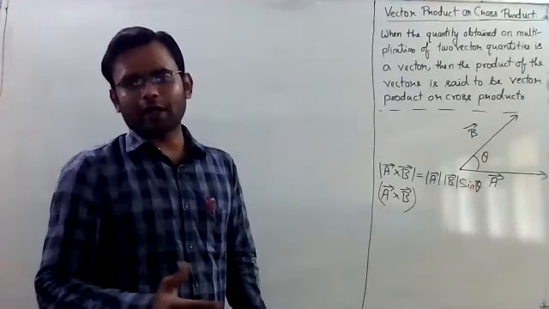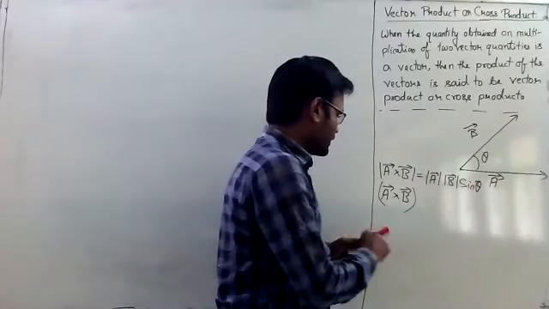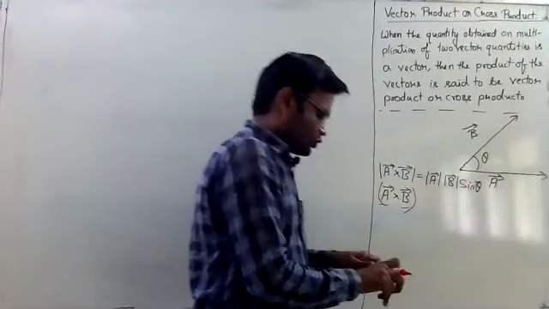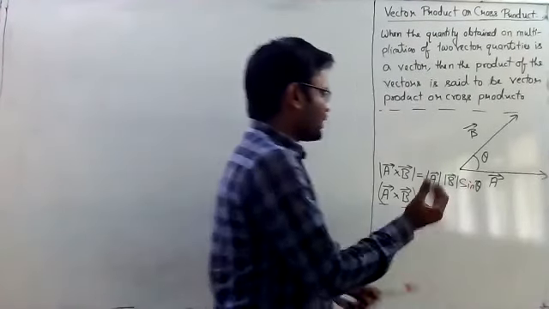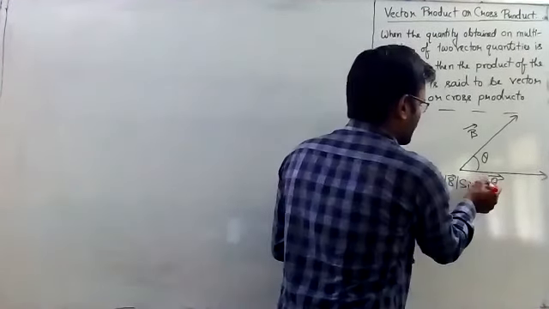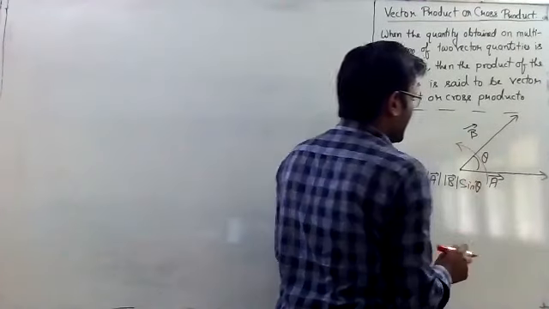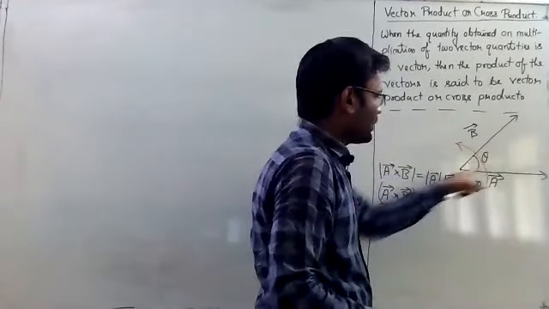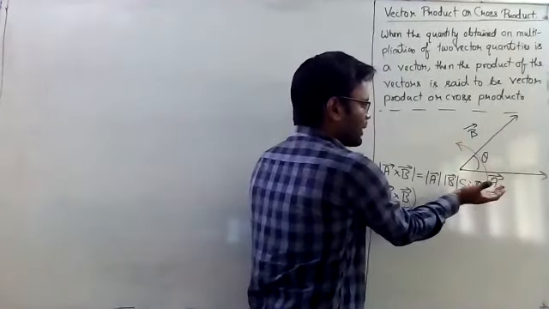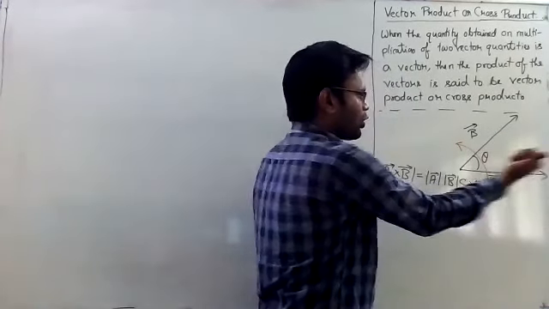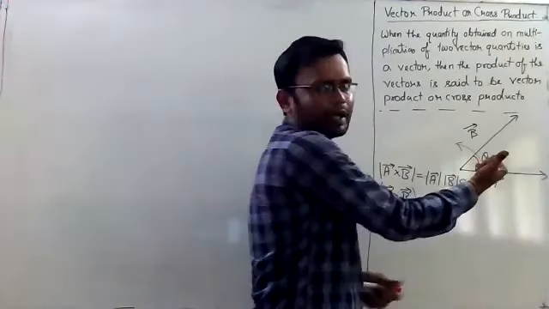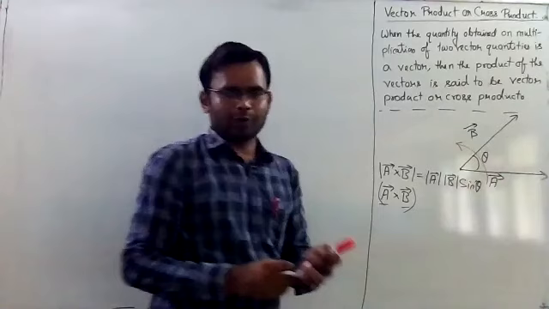Now how to use this right hand thumb rule? Here the first vector is A and the second vector is B. So we will be curling our fingers from A to B, taking the smaller angle theta between A and B. So by right hand thumb rule, if I curl my fingers from A to B, then my thumb will indicate the direction of A cross B.